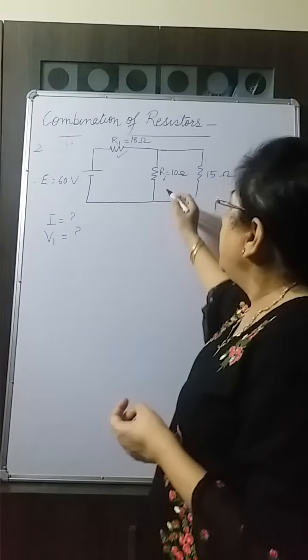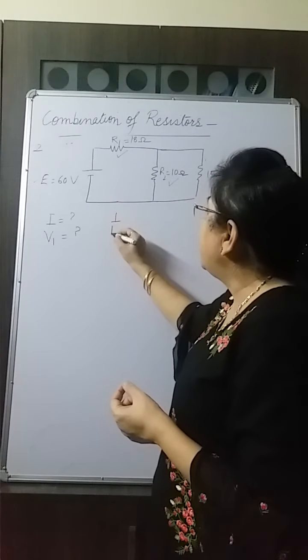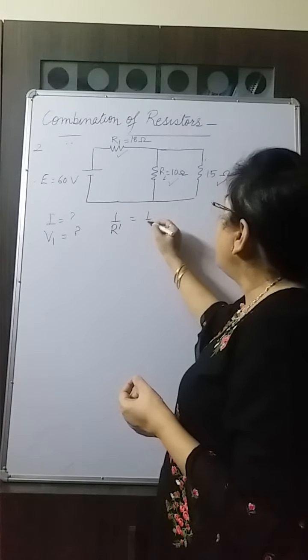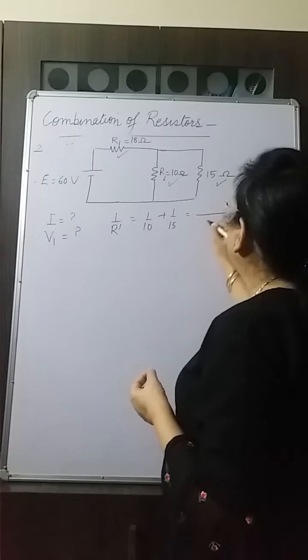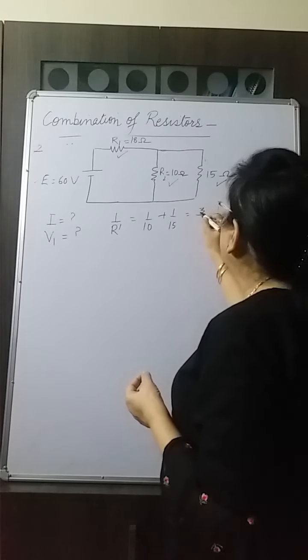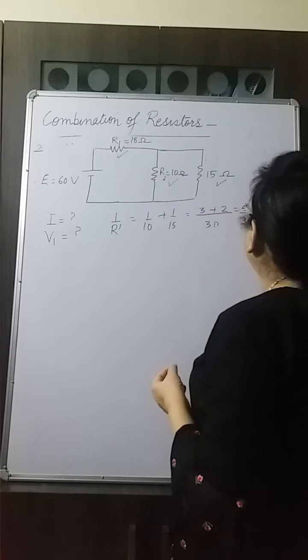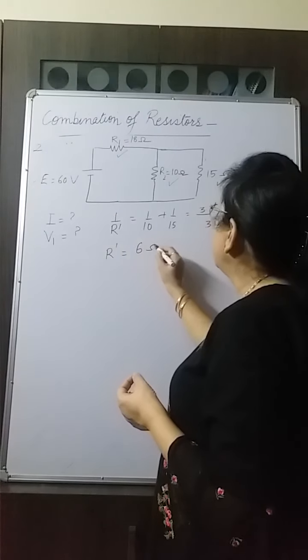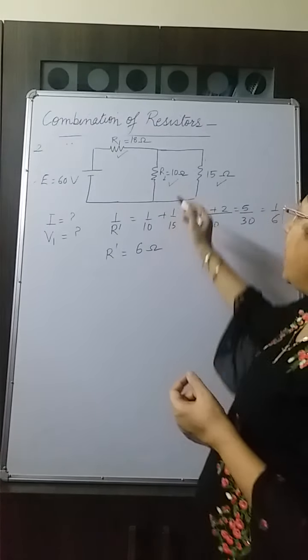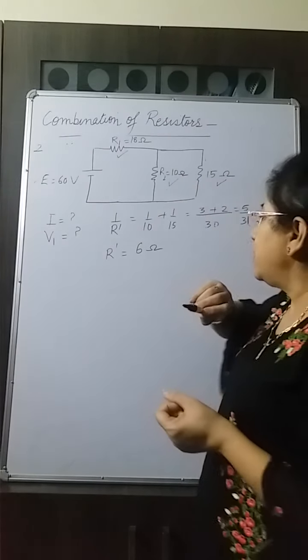Then in the parallel combination of this 10 and 15, 1 upon 10 plus 1 upon 15, so R dash becomes 6 ohm. So the parallel combination of R2 and this 15 becomes 6 ohm.